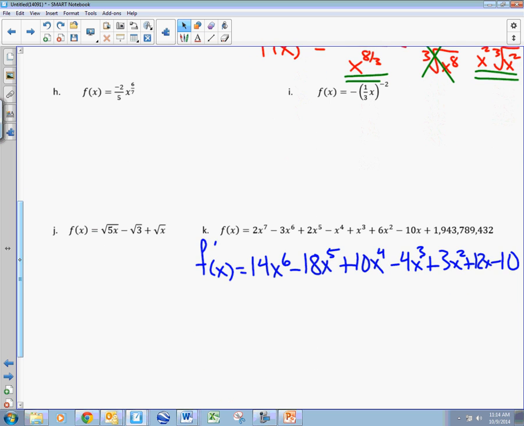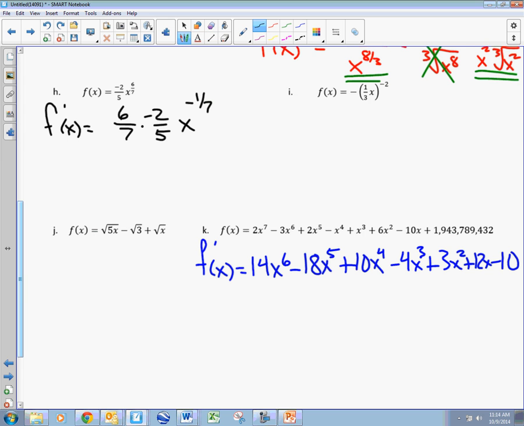All right, h, negative 2/5 times x to the 6/7. It's already in the appropriate form. F prime of x is equal to 6 over 7 times negative 2 over 5, x to the, subtract 1 from 6 over 7. What do you get? Negative 1/7.